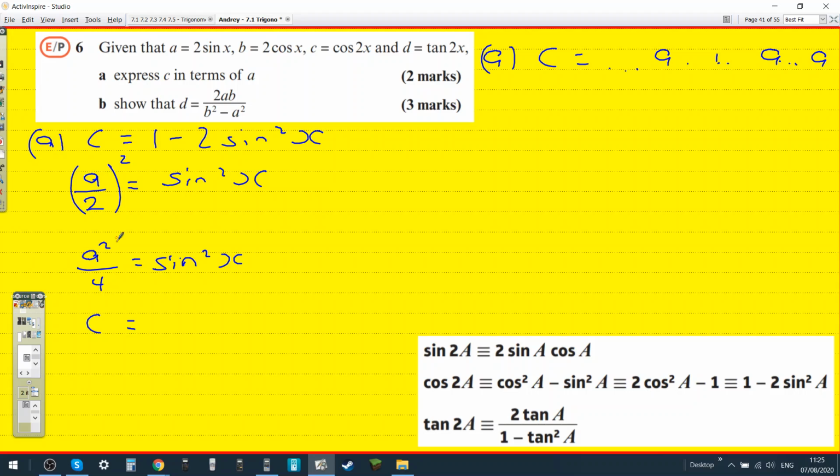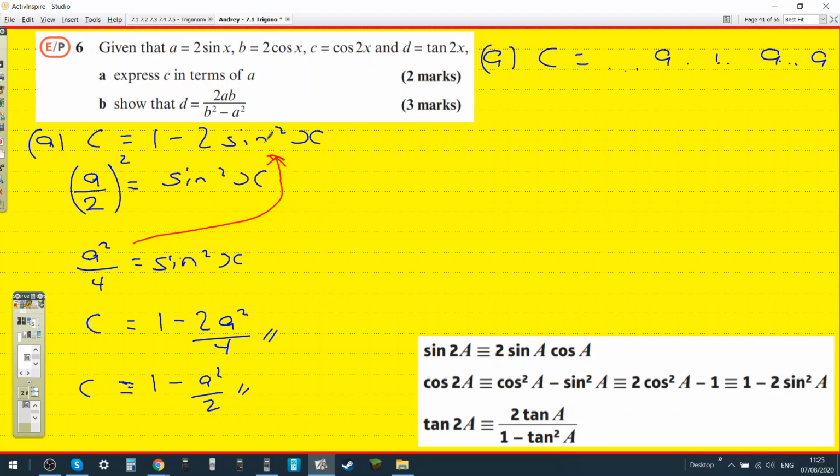Sine squared x is equal to a squared over 4. Oh, right. So it will be 1 minus 2 times a squared over 4. Yep, that's it. You could simplify it.